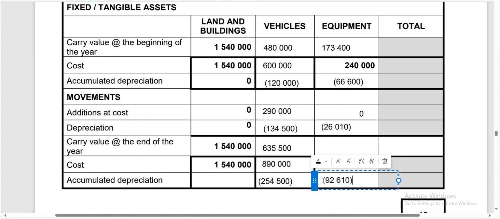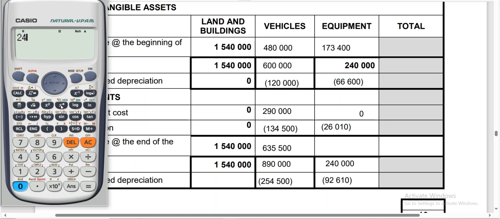92,610 will be our total accumulated depreciation at the end of the year. So we'll need to get the carrying value. Let me check something. 66,600 plus 90, plus 26,000, so it's giving us 92,610.